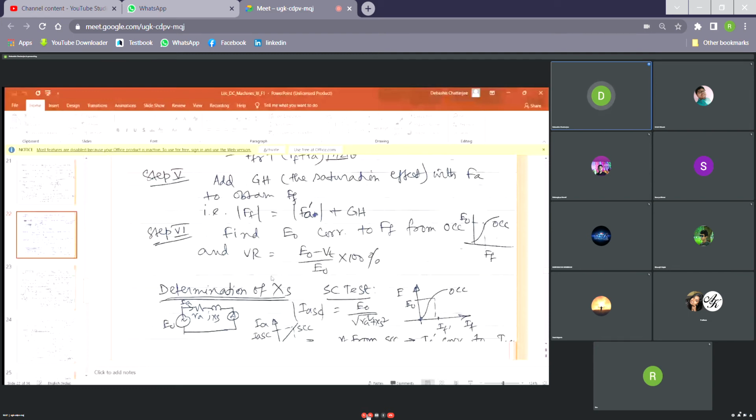You can use any standard low resistance measurement method, maybe Kelvin double bridge, etc., and then multiply the values obtained by some factor, because there you use a DC supply and the machine is actually used under AC, right?